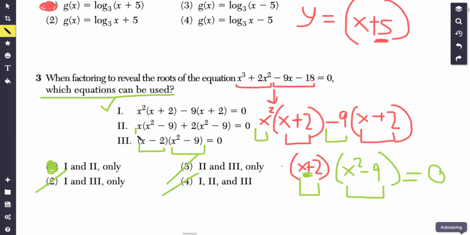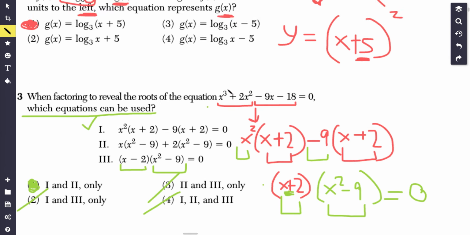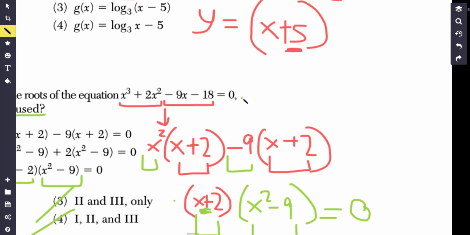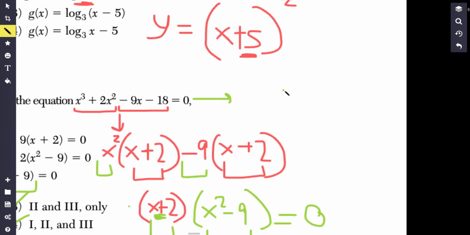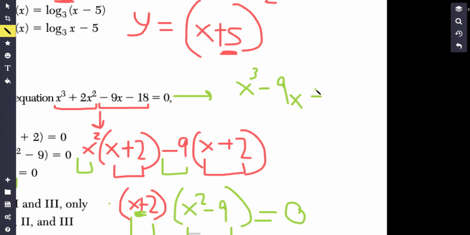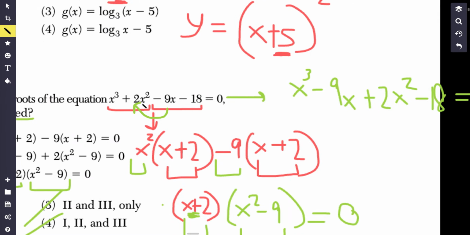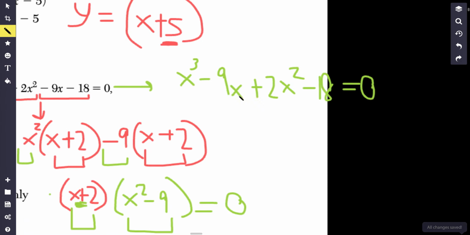You might be wondering where we get 2 from. Well, imagine if I wrote this equation like x to the third power minus 9x plus 2x squared minus 18 is equal to 0. So basically, I just swapped these two terms. Now I can actually factor this by grouping.